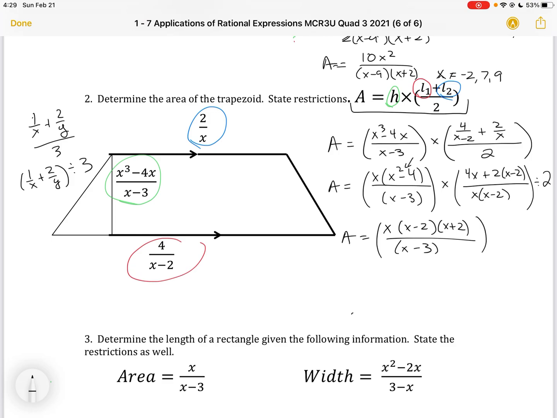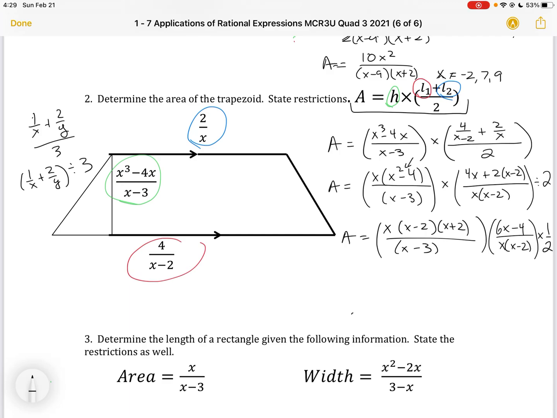And then my second one here, it looks like 6x minus 4 all over x times x minus 2. I'm going to invert so that I have all multiplication here. And now I'm going to go ahead and do some canceling and simplifying here.